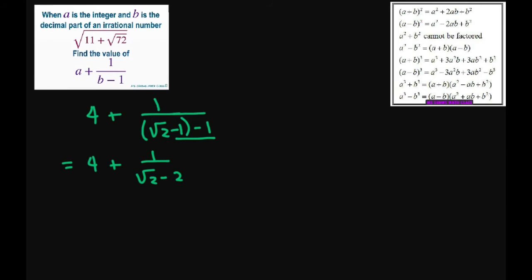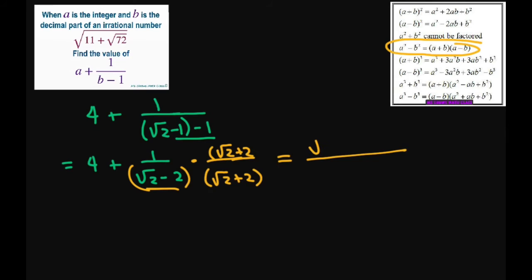Now for this piece here, let's rationalize the denominator. We can use our difference of squares here. So I'm going to multiply this by square root of 2 plus 2. So I also have to multiply my numerator by square root of 2 plus 2. So my numerator is just going to be square root of 2 plus 2.